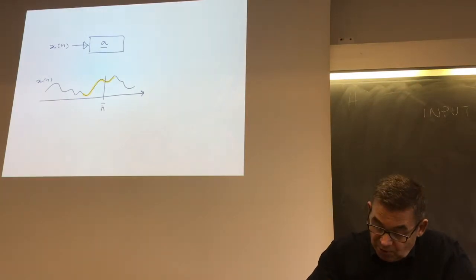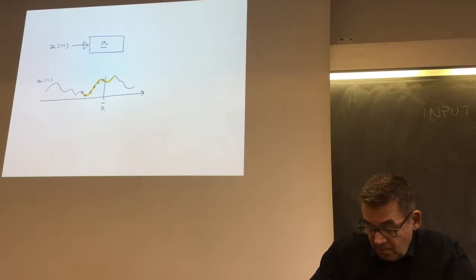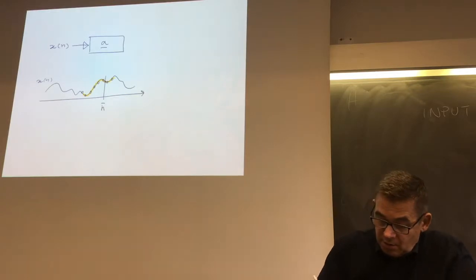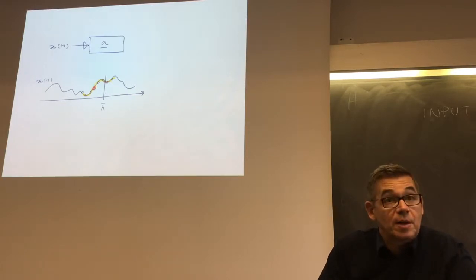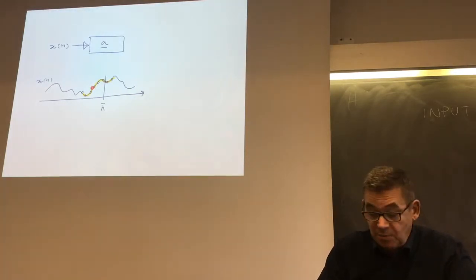So I'm using all these samples that are around here. I don't know if this is the anti-causal part and this is the causal part, okay? So I'm using all these samples.